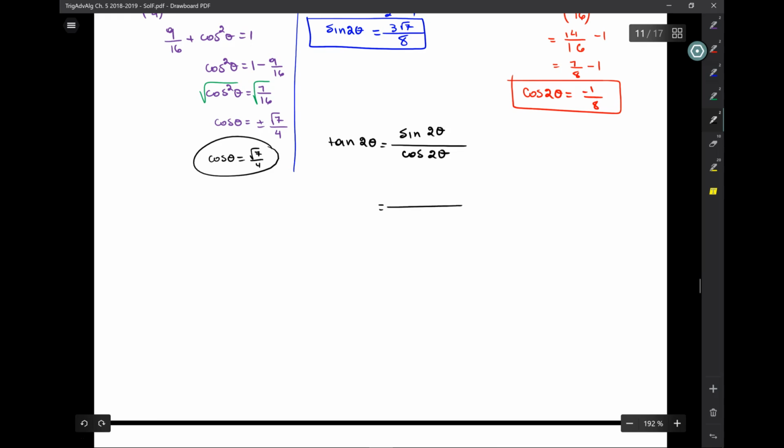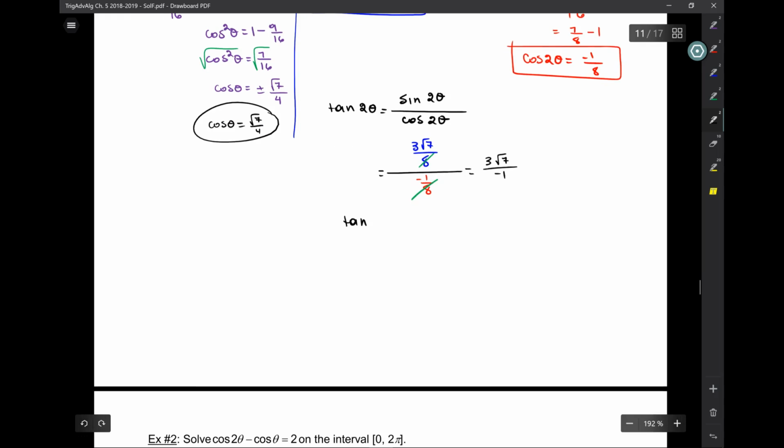3 root 7 over 8. And then negative 1 over 8. The 8's go away. So what do I have left upstairs? Just 3 root 7. And downstairs, negative 1. So tangent of 2 theta is negative 3 root 7.